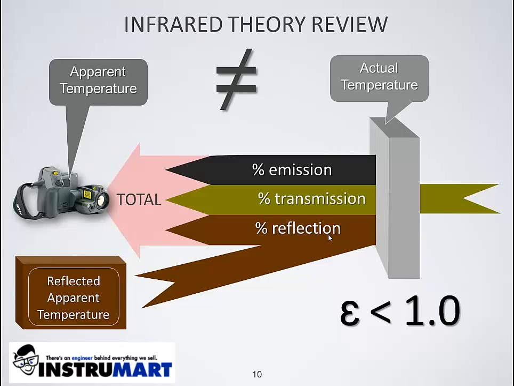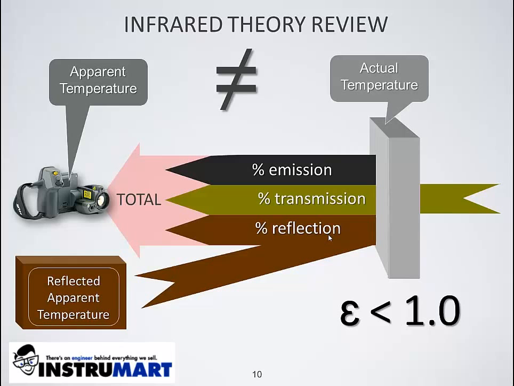It's like seeing your reflected image in the surface of a mirror. The temperature associated with this reflected radiation is known as the reflected apparent temperature. It is sometimes also referred to as T reflected or T background.